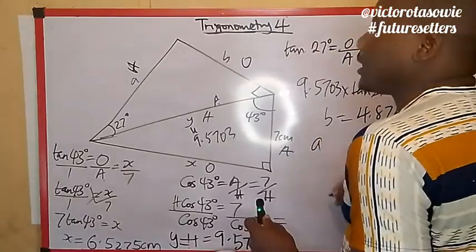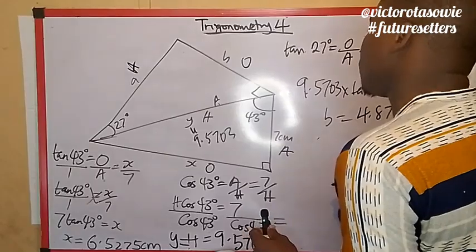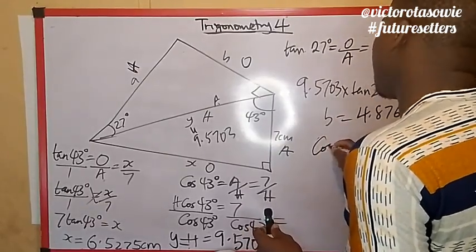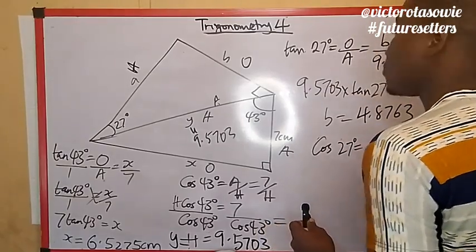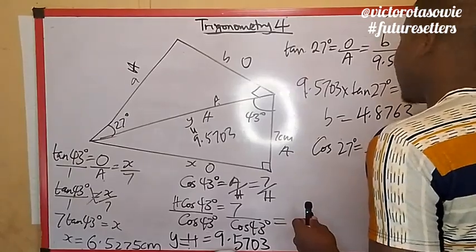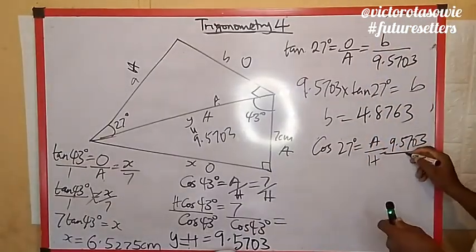So a, observing very well, a is the hypotenuse. So if a is the hypotenuse, we're working with adjacent and hypotenuse, and that will be cos 27 degrees equal to adjacent over hypotenuse. And our adjacent is 9.5703, and our hypotenuse we don't know.